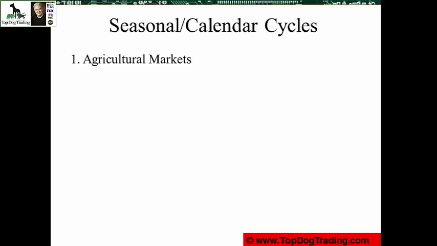So if you're going to trade soft commodities, such as corn or wheat, it would make sense, logically, to buy those commodities in the spring, and then when they sell the commodity in the fall, that's when you sell. The price goes up and you're golden, right? Not quite that easy. We'll talk about that in a moment. But that is a cycle, the agricultural cycle.